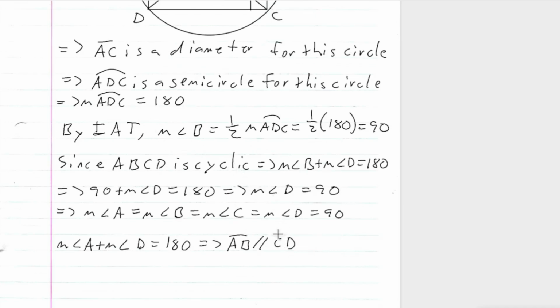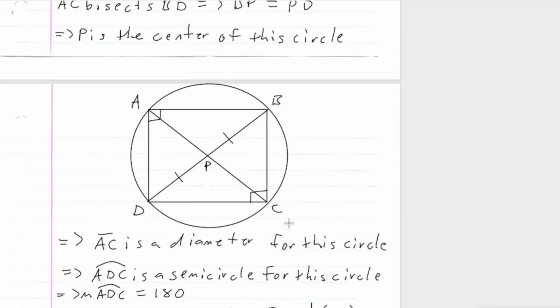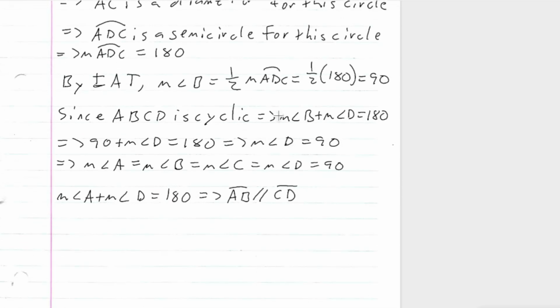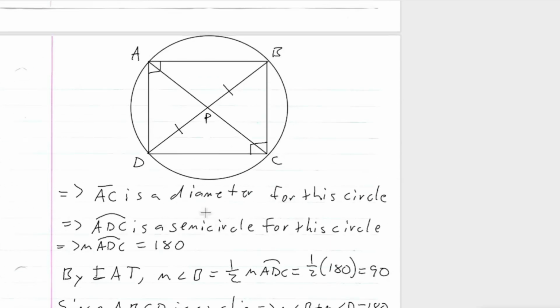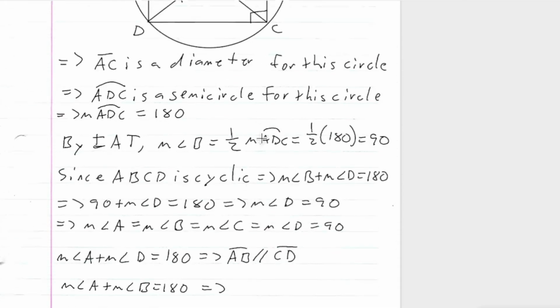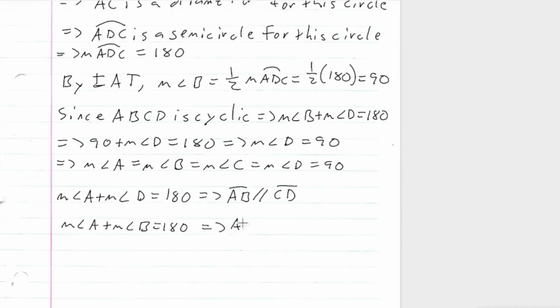And I know that the measure of angle A plus the measure of angle B is 180, so that means that AD is parallel to BC.